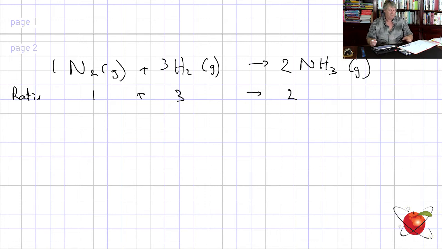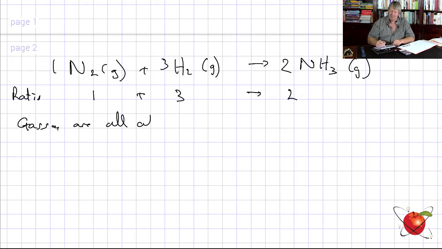Now we say, right, if they tell us that the gases are all at the same temperature and pressure, then what you can do is you can equate the volumes straight away instead of the moles.